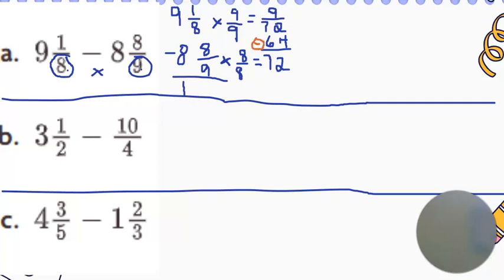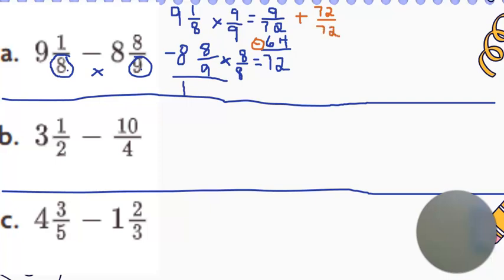Let's put our subtraction sign so we could clearly see our operation. So what's going to happen, just like we said in the video earlier, we're going to have to convert our whole number 1. It's just like having 1 whole pie that's uncut. And we're going to have to cut that 1 pie into 72 pieces. So we will make this 72 over 72, because anything that value as a numerator and denominator makes 1 whole.